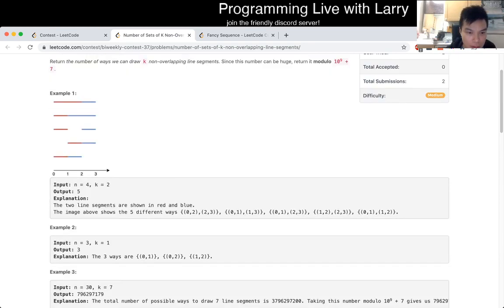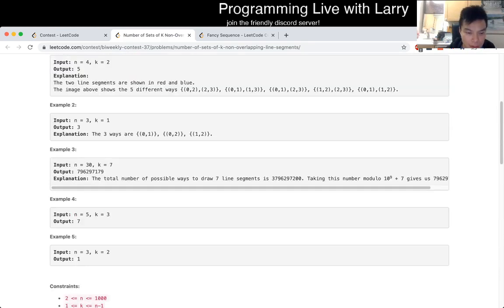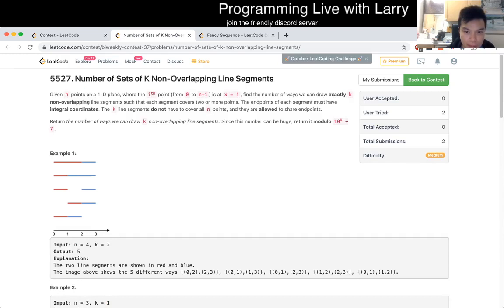No, is it? No, that's right. Unless I misunderstood this problem. Oh, they're allowed to share endpoint.